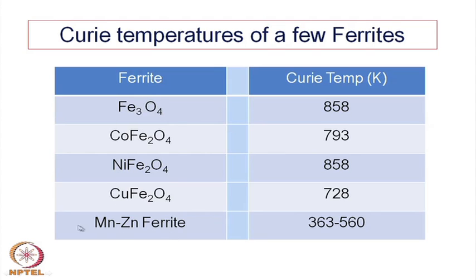I will give you some more examples of the solid solution ferrites. Many of the actual ferrites are used in the solid solution form, not as pure oxides like this.